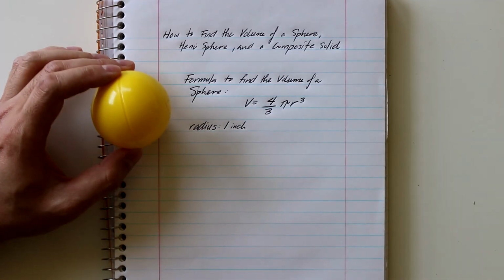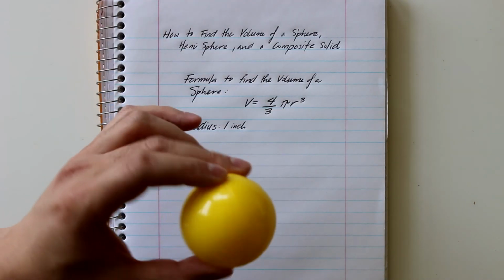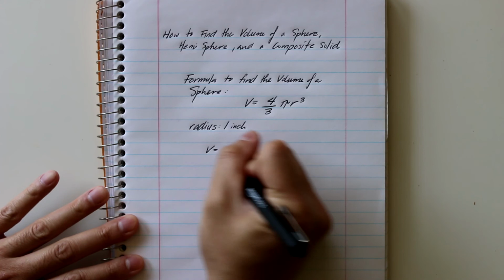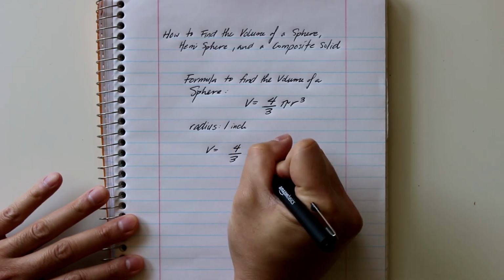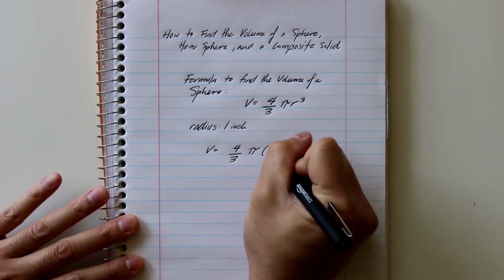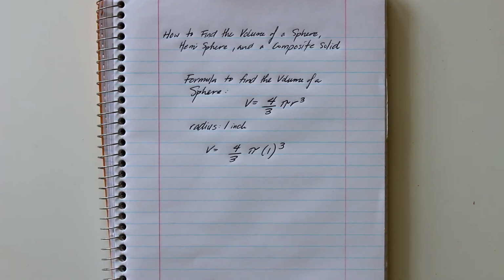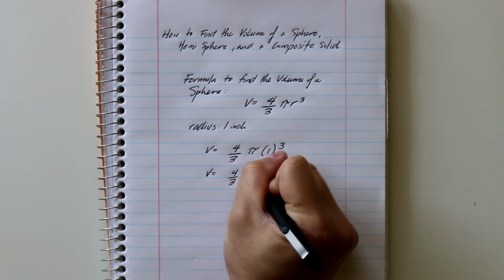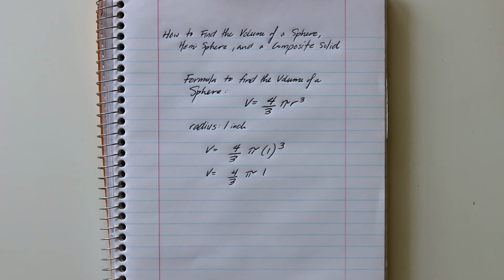So now let's use that information to help us find the volume of this yellow ball. So V equals 4/3 times pi times 1 to the power of 3. Now 1 times 1 times 1, right? 1 to the power of 3 is just 1. So we have V is equal to 4/3 times pi times 1.